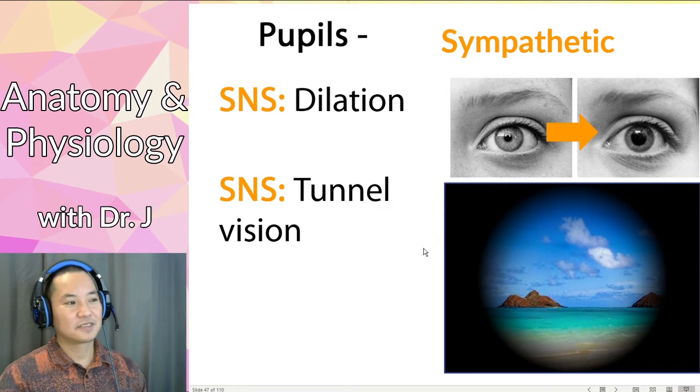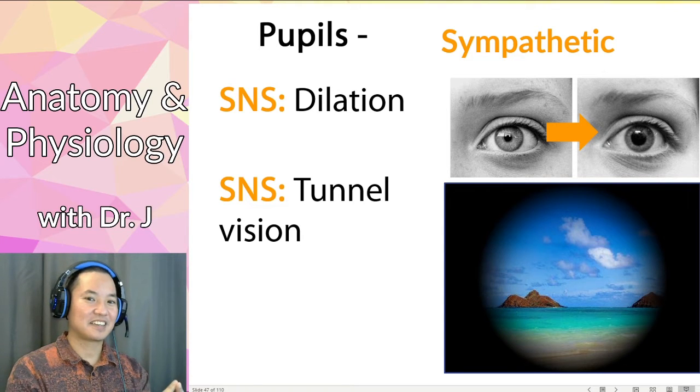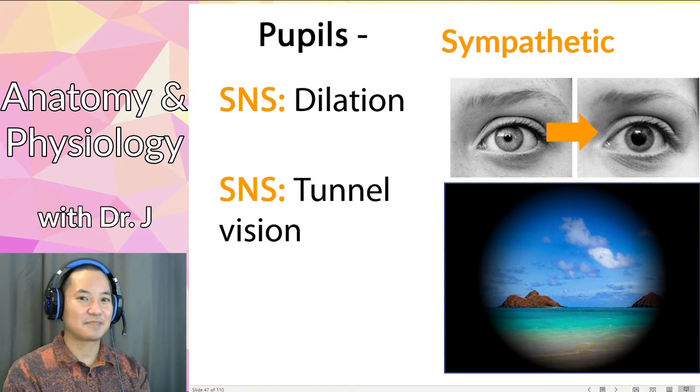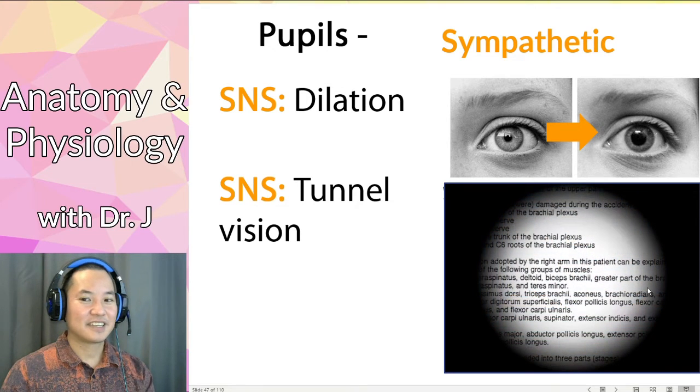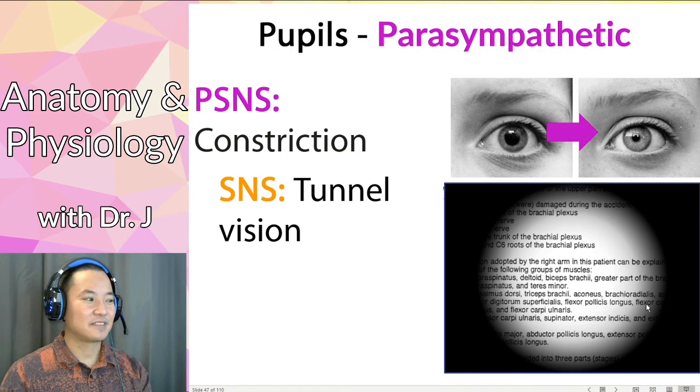And so during a test, do you want to be sympathetic or parasympathetic? If you get too sympathetic and your pupils start to dilate and you get tunnel vision, is it easier to read a test when it's like this or when you're relaxed? When you're parasympathetic, what you have is a constriction. Now you're letting in less light.